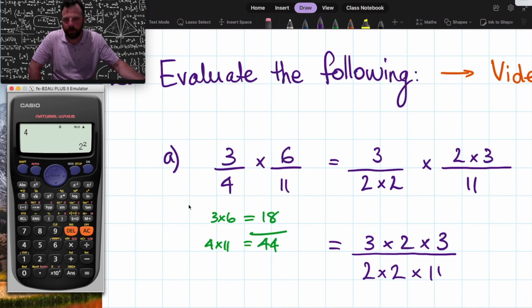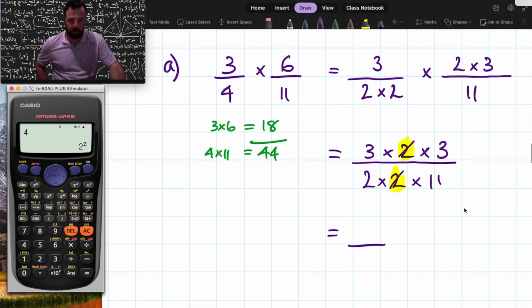Remember how I said it was just the top numbers multiplied together? 3 times 6 equals 18. Well, 18 is 3 times 2 times 3. And 44 is 2 times 2 times 11. Now, look here. There's a 2 and there's a 2, so there's a common factor straight away. So we can divide out or cancel out that common factor of 2.